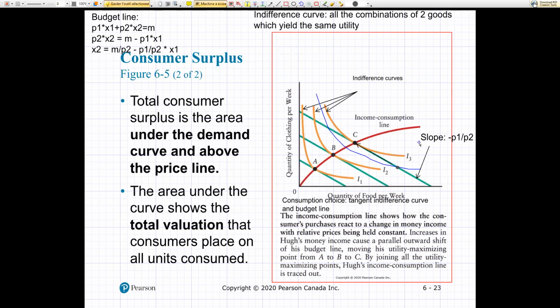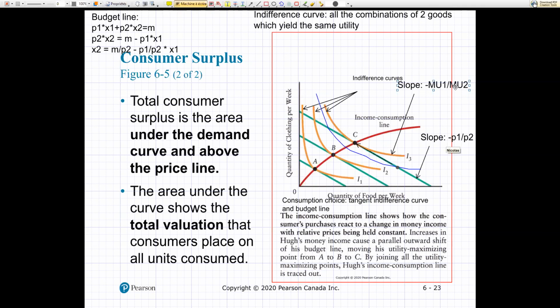So the slope of one budget line, and the slope of one indifference curve is minus marginal utility 1 divided by marginal utility 2. And when you're at the optimum, it's a place where marginal utility 1 divided by marginal utility 2 equals P1 over P2.